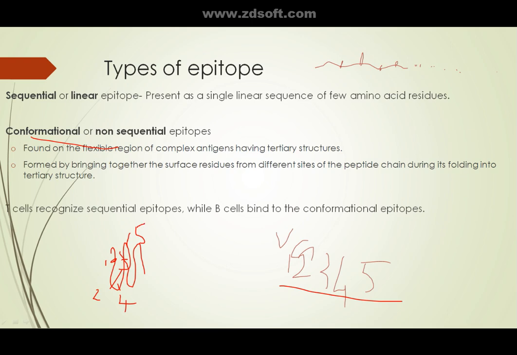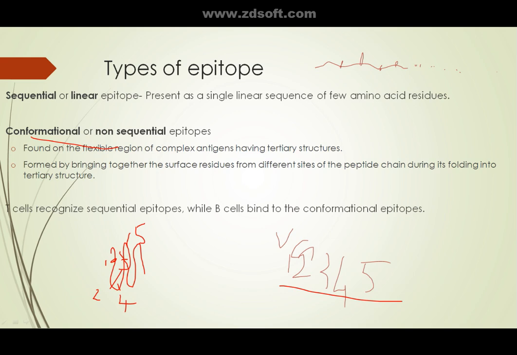Now, girls, just compare this type, the linear and conformational. You see that the distance between 1 and 5 is quite large. After 1 you have 2, 3, 4 amino acids and then it is the 5th.